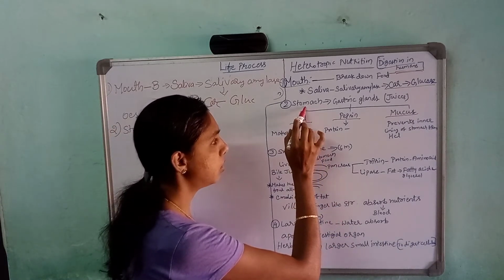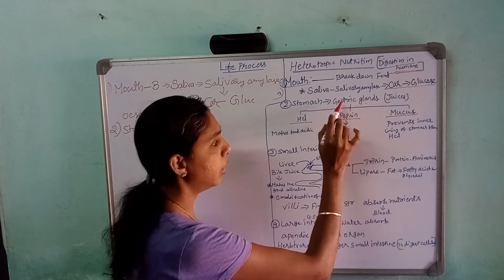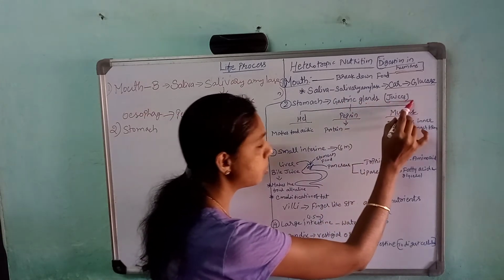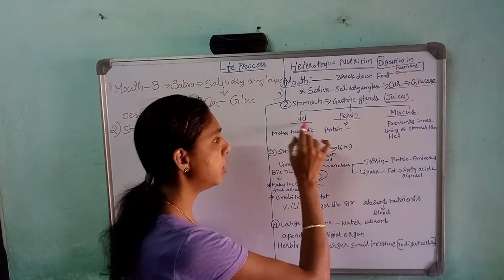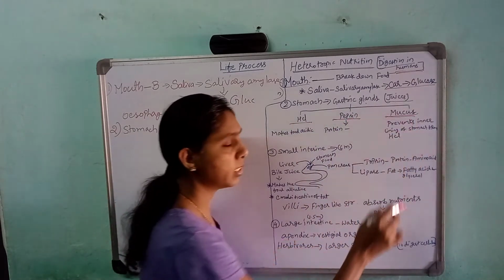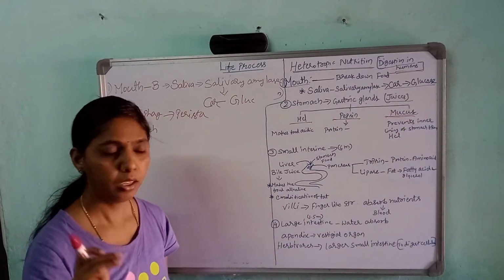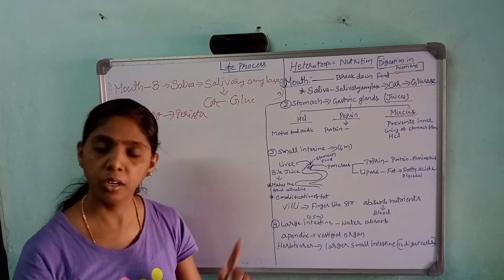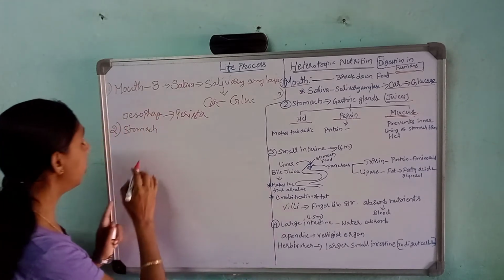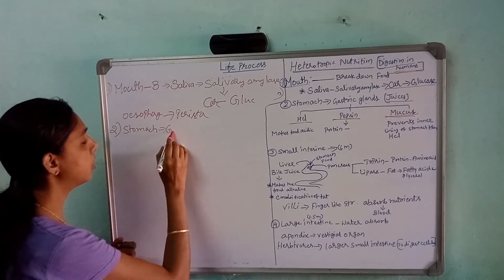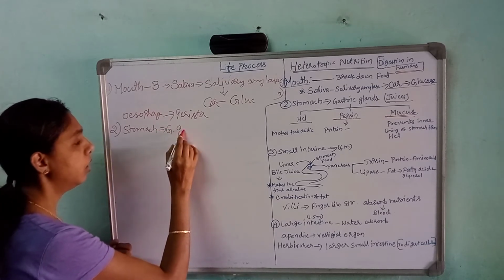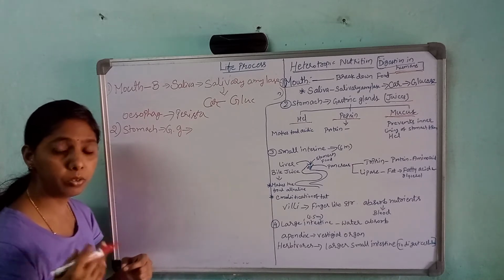So see here, stomach contains gastric gland. That gastric gland produces the gastric juices. There are three types of the gastric juices: HCl, pepsin and mucus. So all the three gastric juices function differently. So here again I will write, see here, stomach contains what? Gastric glands. This gastric gland, what will it do?